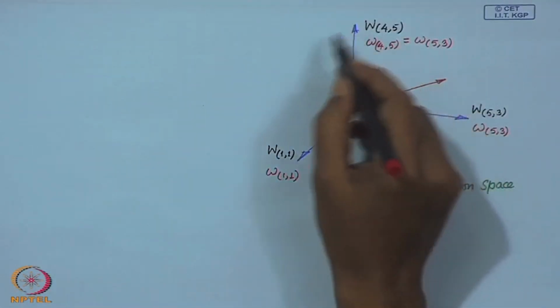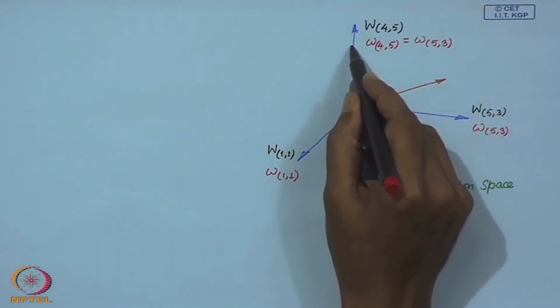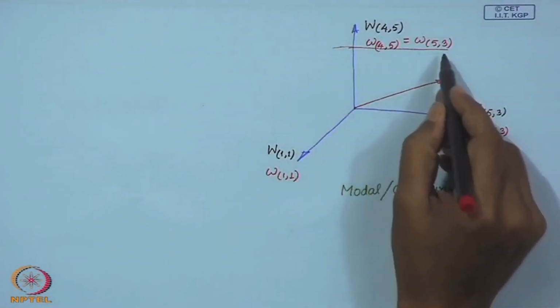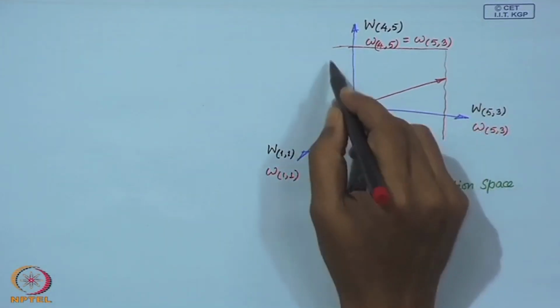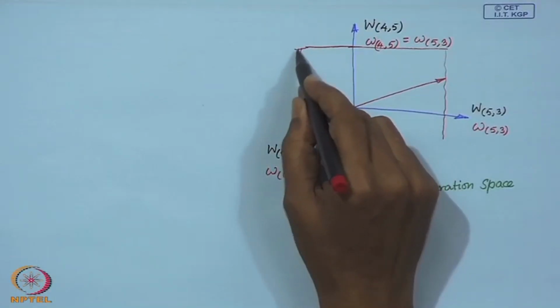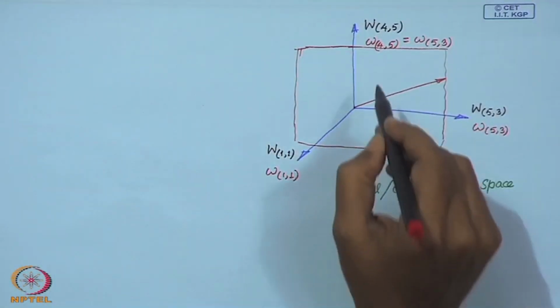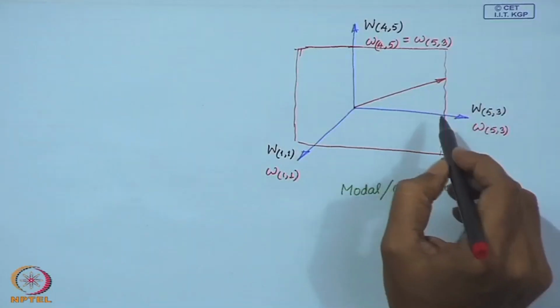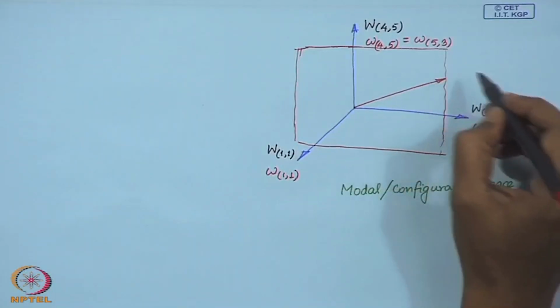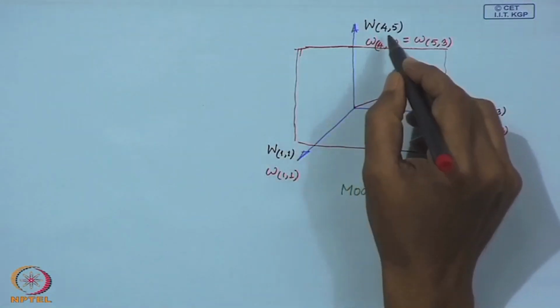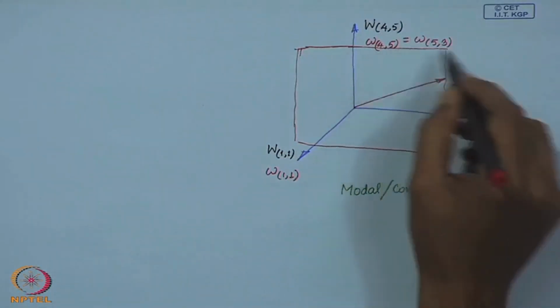So, anything that lies in this plane, so this is the W45 W53 plane.